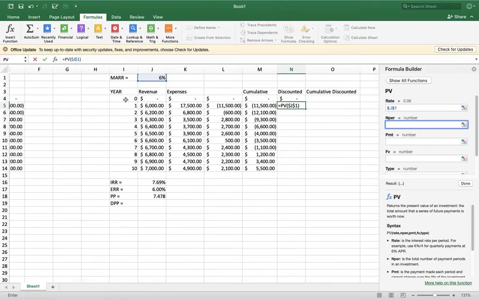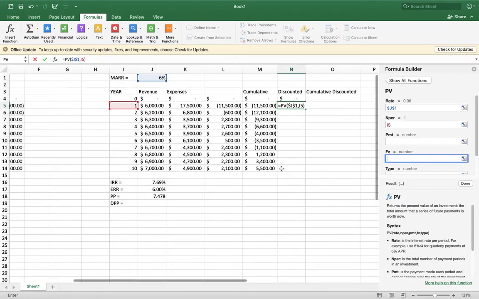Your year is going to be the year, and then do I want to use future, or what do you think? I want to use the future value, and I'm going to use this value here. And it's actually going to be that hypothetical negative, because we want our values to match.